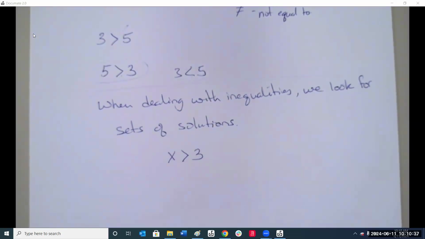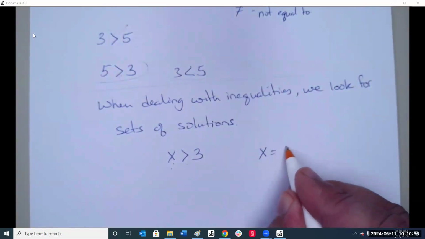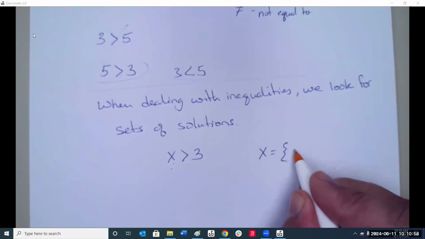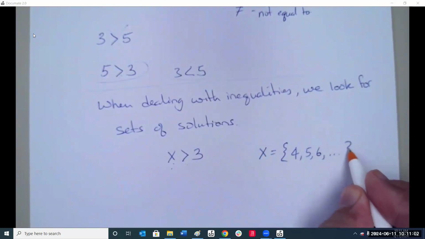What does that mean? You mean, how would you read this? X is greater than 3. X is larger than 3. So what numbers are greater than 3? So my answer would be x is equal to the set of numbers 4, 5, 6, and so on.